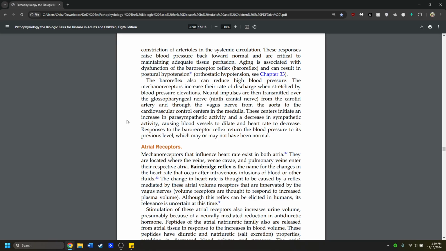These centers initiate an increase in parasympathetic activity and a decrease in sympathetic activity, causing blood vessels to dilate and heart rate to decrease. Responses to the baroreceptor reflex return the blood pressure to its previous level, which may or may not have been normal.